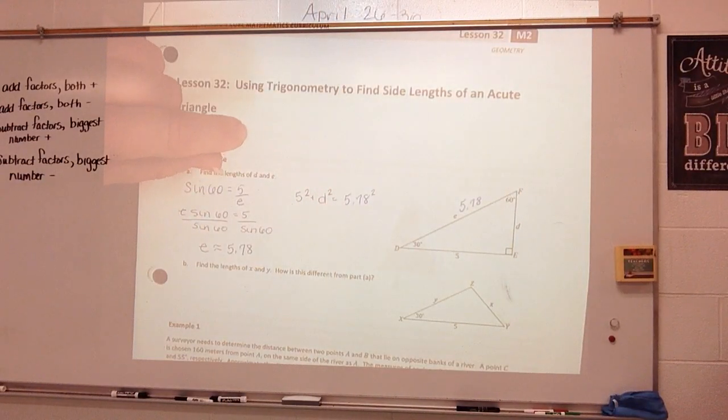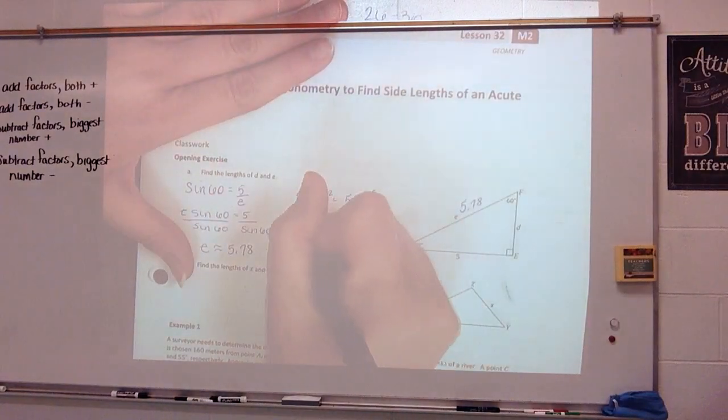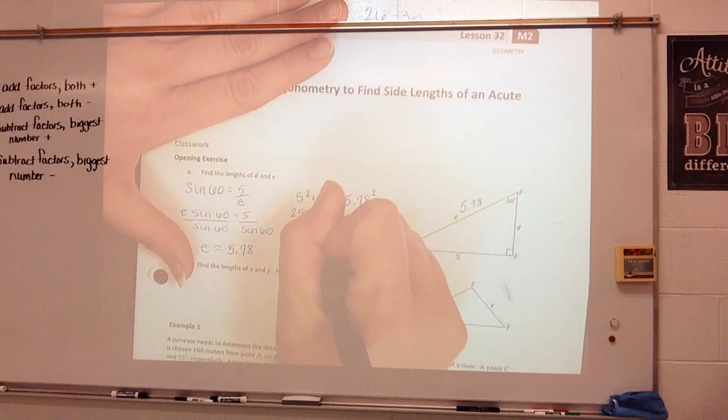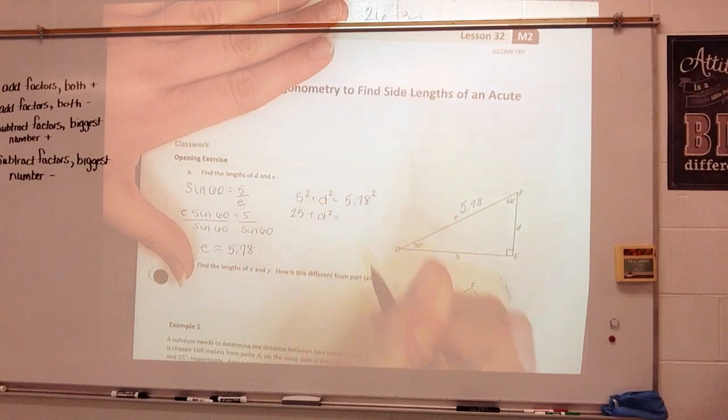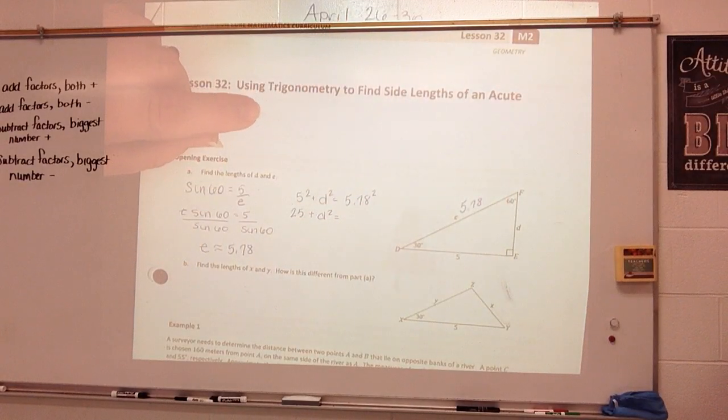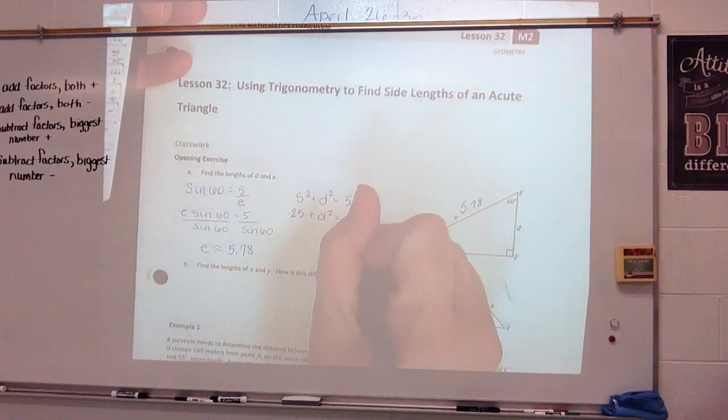Now remember, this is going to be an estimate because I did round, so I get 33.41.